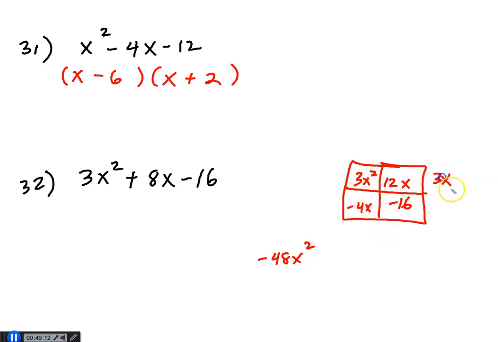Going this way, 3x. Going this way, it's negative 4. Well, there's a factor. Going this way, it's x. And going this way, it's 4. And once again, if you have time on your test, you can always use FOIL and check these out.